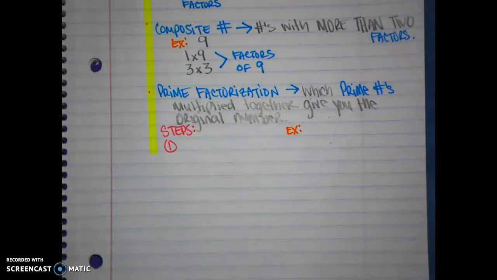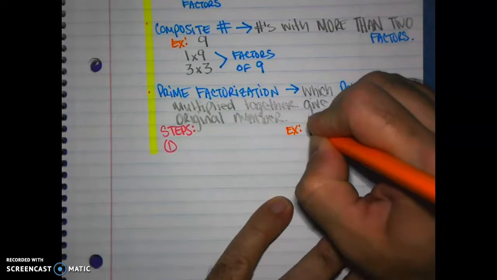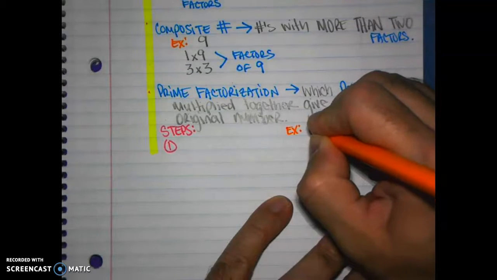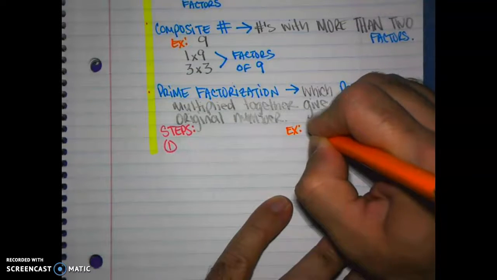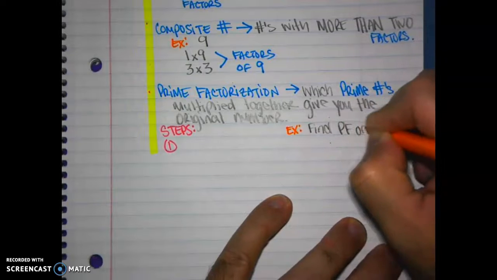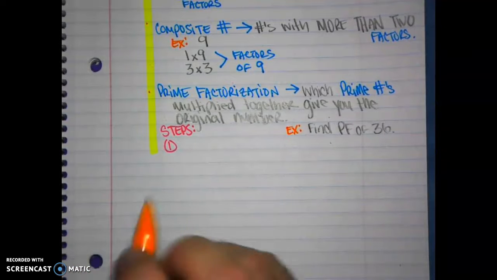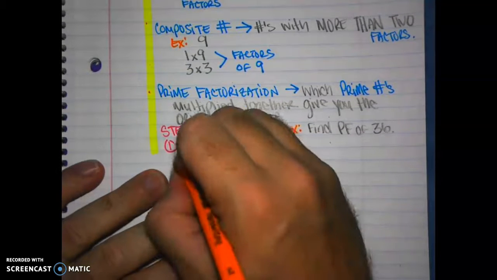I want to find the prime factorization of 36. Now, step 1 is you want to pick any 2 factors.